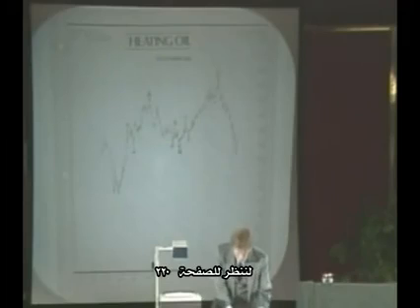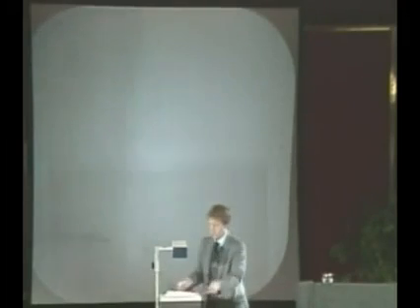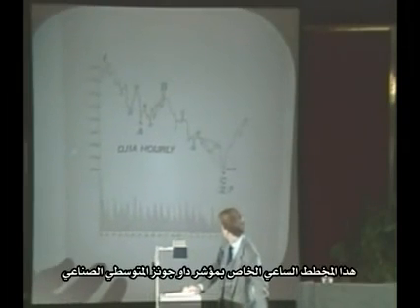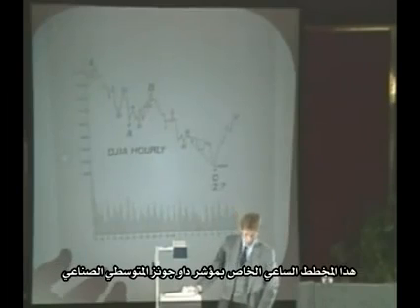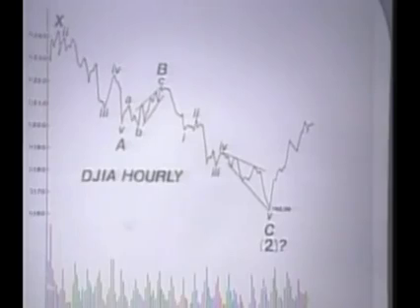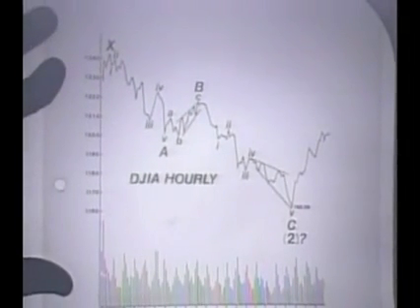Let's take a look at page 220. This is an hourly chart of the Dow Jones Industrial Average, September through October, 1984. This is a zigzag correction.